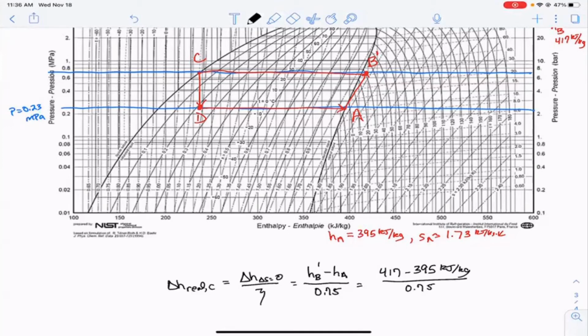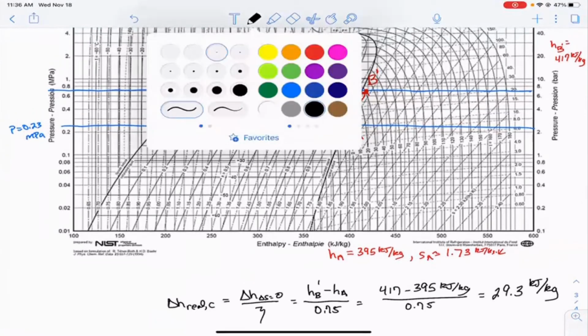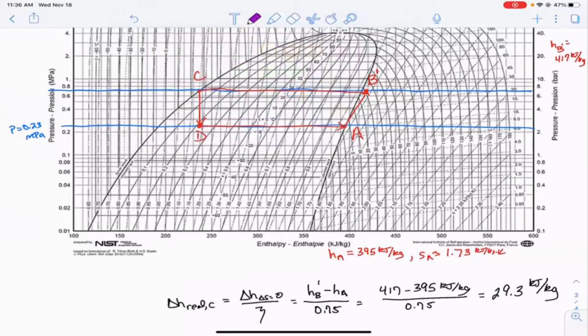And so then our enthalpy, delta H real, is like 29.3 kilojoules per kilogram. Okay. And so that value is actually more like here. Okay. So that's really where B is right there in the diagram.